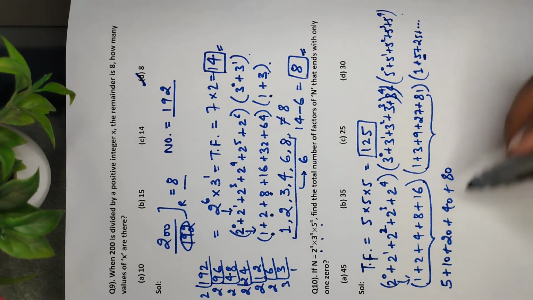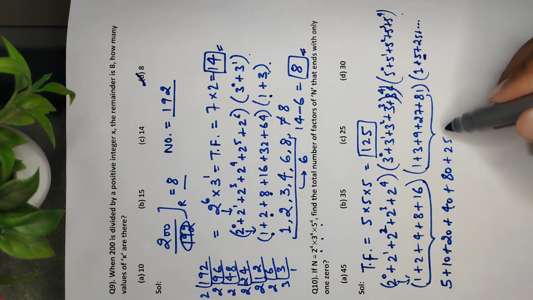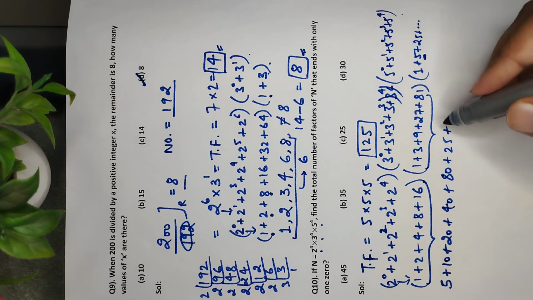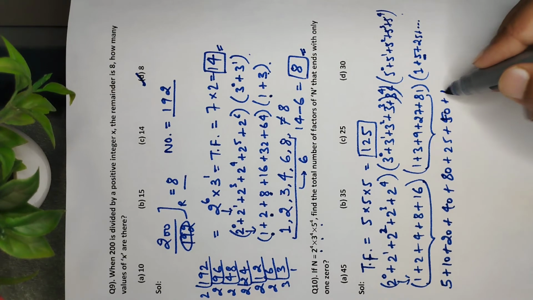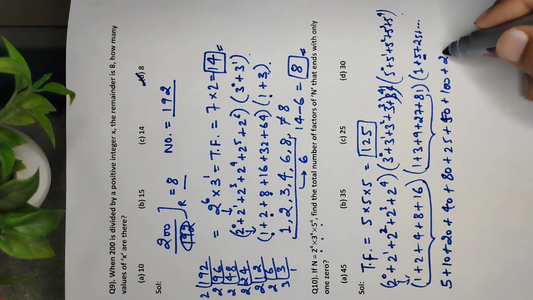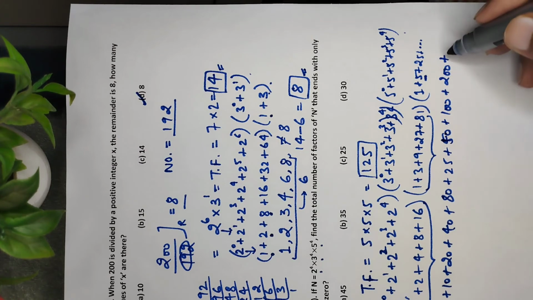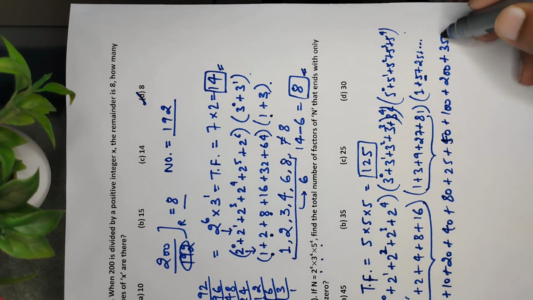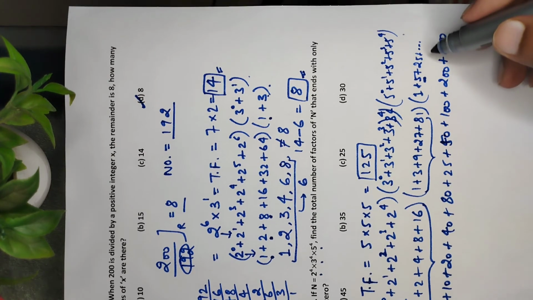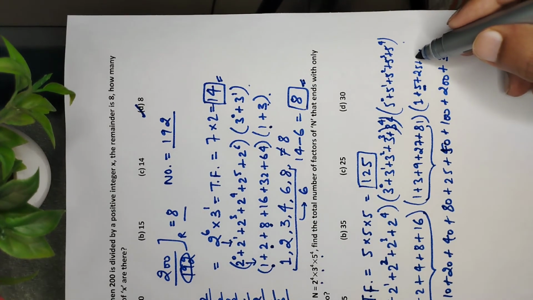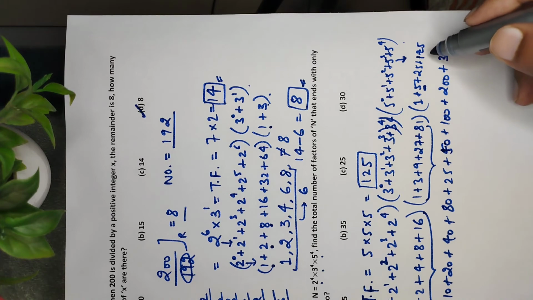Now when this 25 gets multiplied with all these numbers, what I will get is 25 plus 25 2 times is 50 plus 100 plus 200, and then this another one will be 350, and then after this 25 I can write this 5 cube as 125.